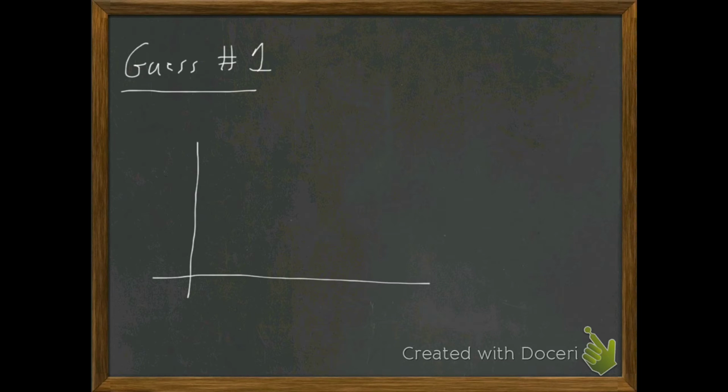Now, I'm going to just make an estimate here, and I'm just going to call this guess number 1. And I think it's kind of a reasonable guess. If we have our data 1, 1, 3, how would things work if my model was just the horizontal line at y equal 2?